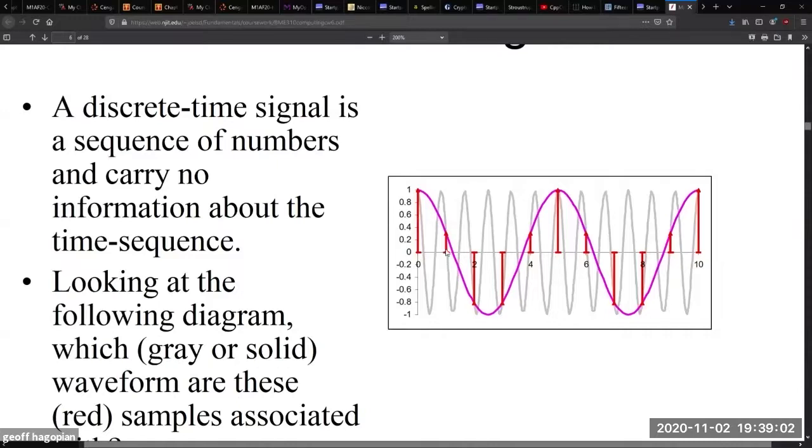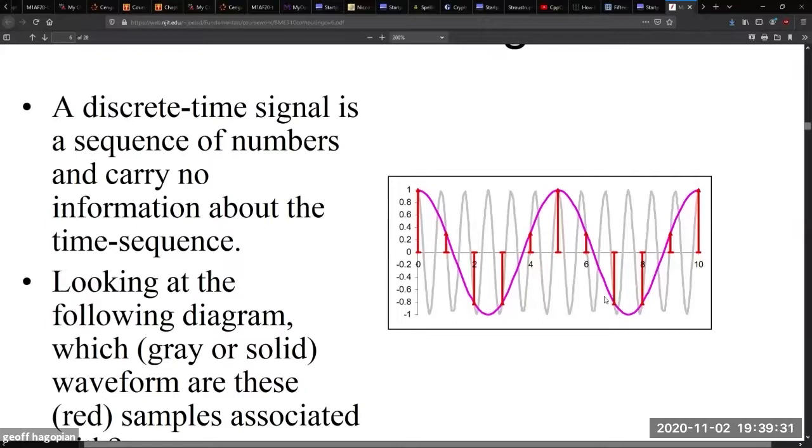So if your sampling rate is lower than the frequency of oscillation, then you can get a phenomenon that looks like this: if you were to connect the dots here, this dot, that dot, the next dot, and you connect the dots with a sinusoid, you'd get a sinusoid that looks like this purple curve.